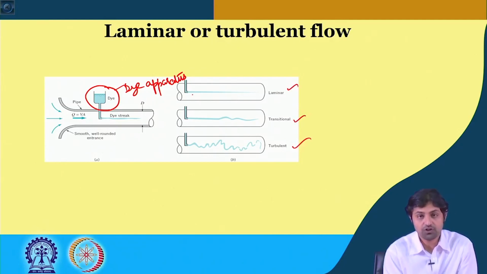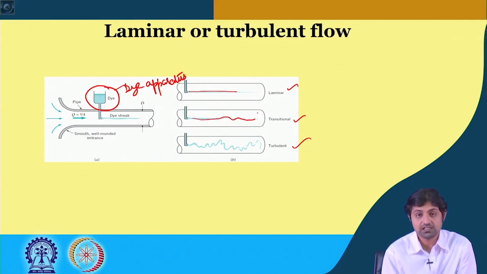If the flow velocity is less, there is more likelihood that the flow is going to be laminar. It will be almost like a streamline, like this. As you keep on increasing the velocity, you will see the start of some disturbance like this.